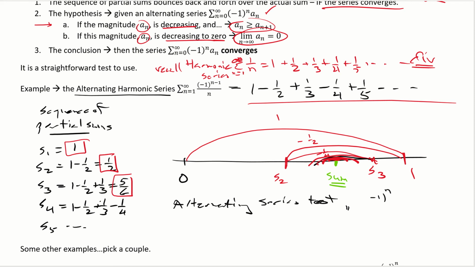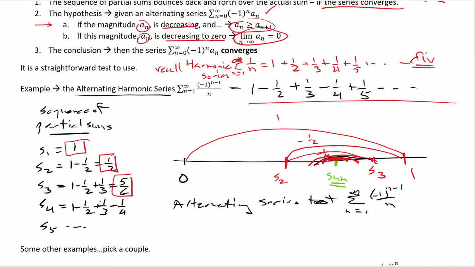Sorry, I was looking in the wrong spot. So we've got the series n is 1 to infinity of minus 1 to the n minus 1 over n. Okay, that's the alternating harmonic series.